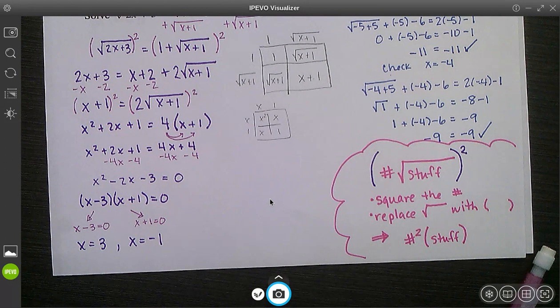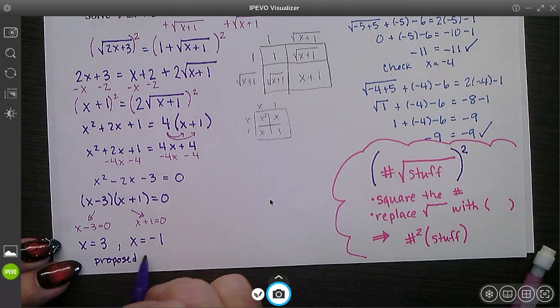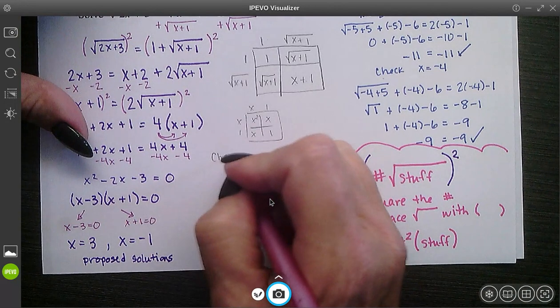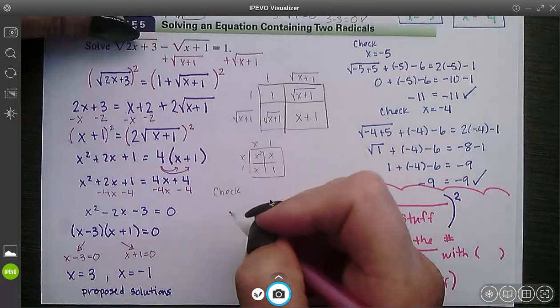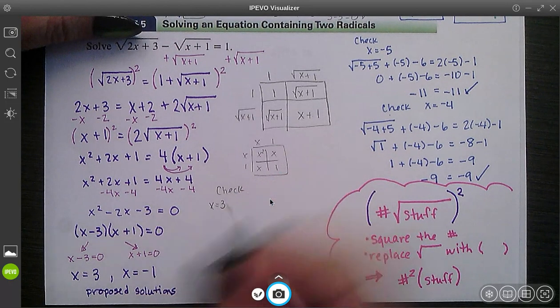So let's see if either or both or none of those proposed solutions actually works. I know I have to check this one because I squared both sides. So I'm going to need to check in the original equation, that guy. So check x equals 3.